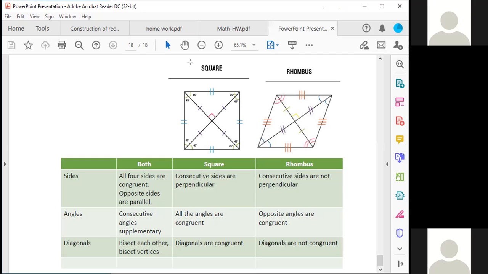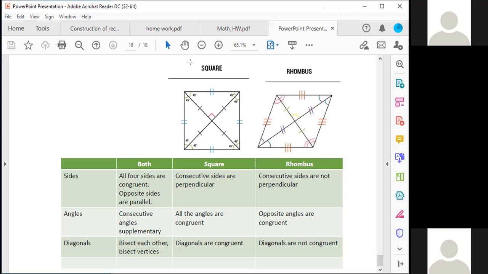Congruent and all, this is perfect. All angles are congruent, opposite angles are congruent, and we had already talked about it. Opposite angles are congruent and consecutive angles are supplementary. They're equivalent statements, so it's better to have the same thing.